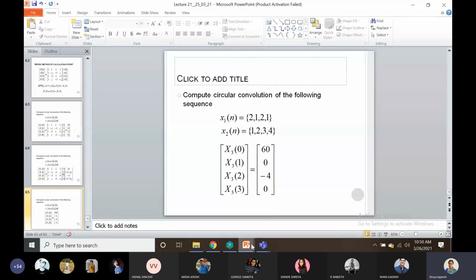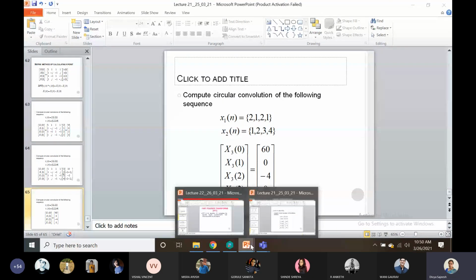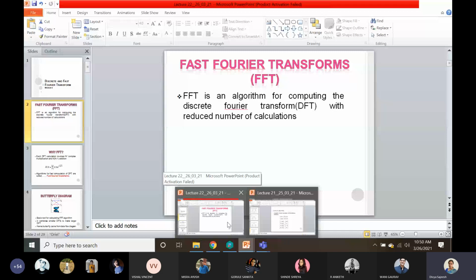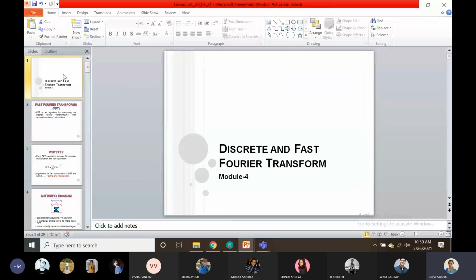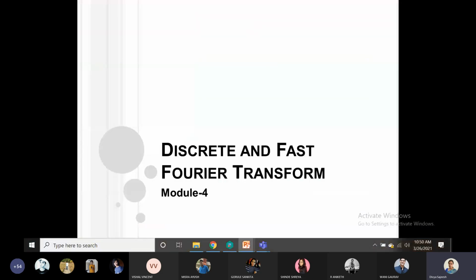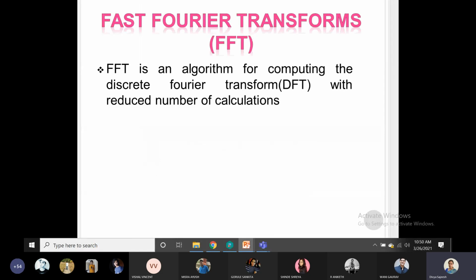Now we will go for the next topic, which is the main topic in this chapter, that is fast Fourier transforms. Fast Fourier transform is the algorithm developed for computing the DFT with reduced number of calculations.